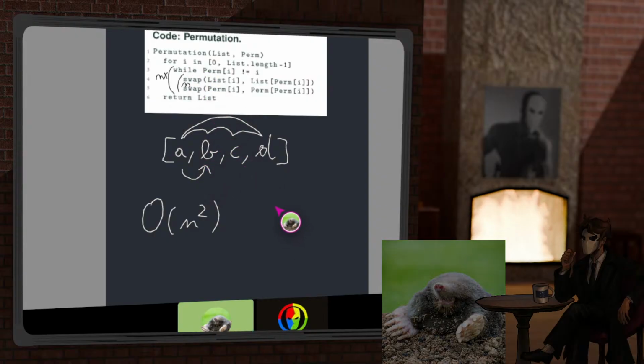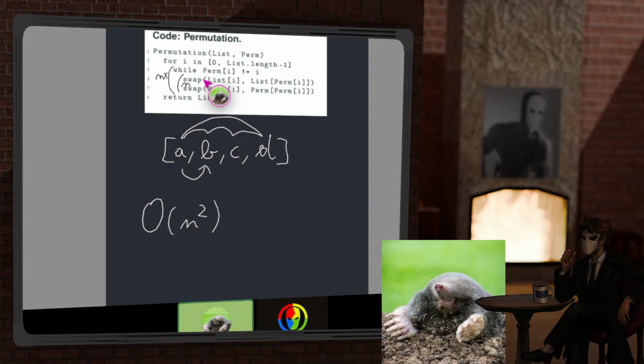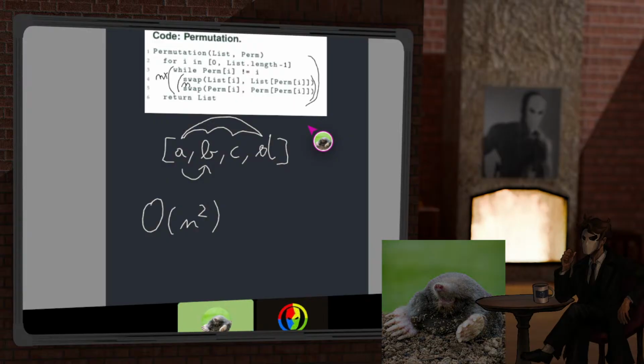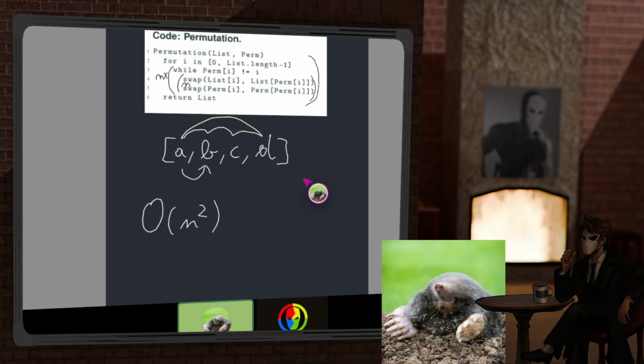So over the whole life of the algorithm, we can only do n swaps because we only have n values to swap. We don't have n squared values in a list of length n.